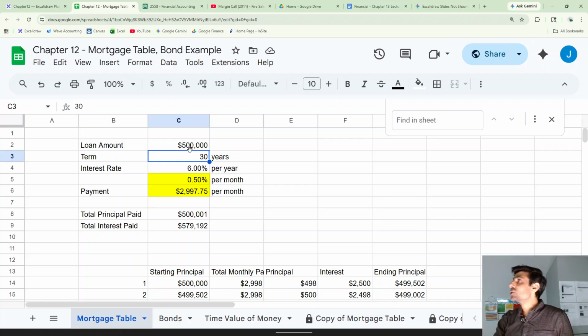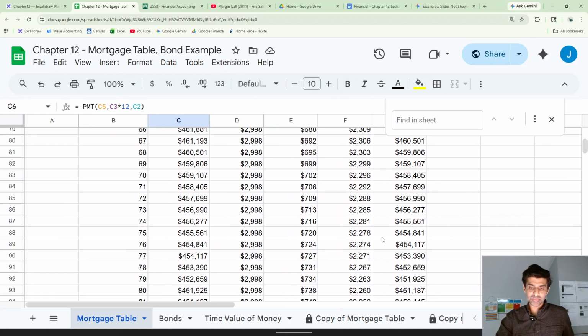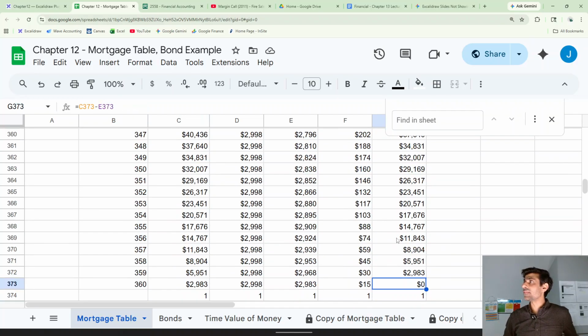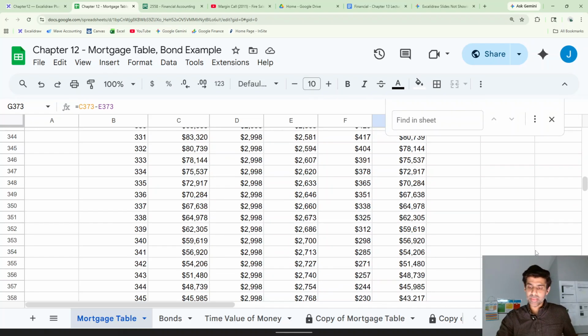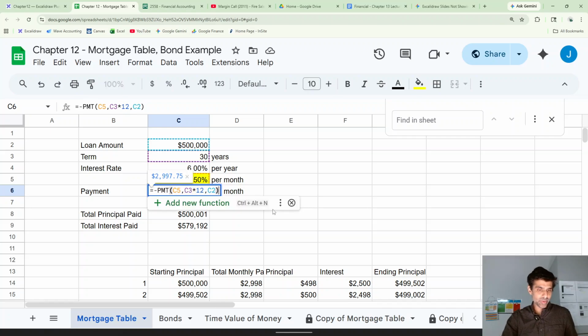But usually in the real world, you're given the loan amount, the loan term, and the interest rate, and then based on those parameters, you want to figure out what payment amount will exactly end in a zero balance. Okay. And the PMT function, of course, is going to tell you that. It's going to do the math for you.